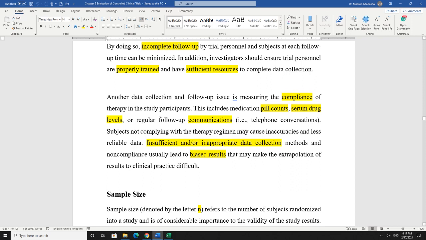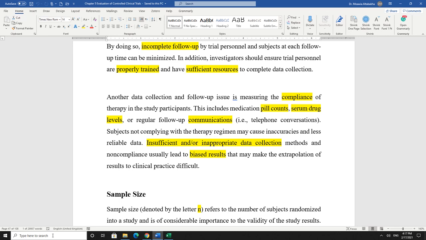What about compliance? Okay, we talked about follow-up, we talked about monitoring, we talked about interim analysis. What about compliance? Maybe Ala or Tulin or Tala is not taking the medication. How can I check that? Well, of course there are different ways to ensure compliance. One of these is pill count.